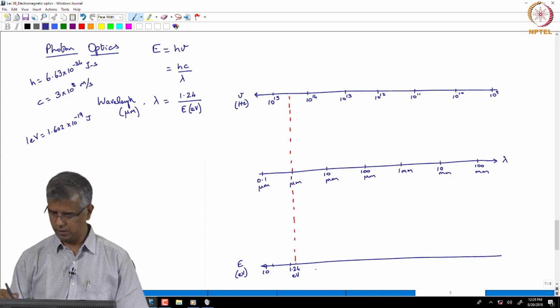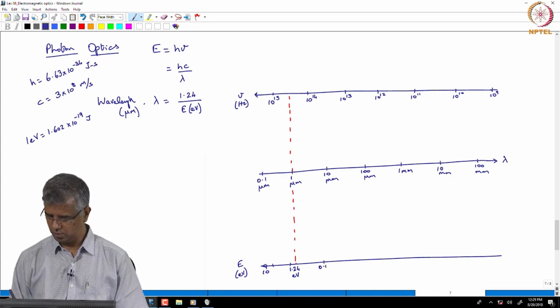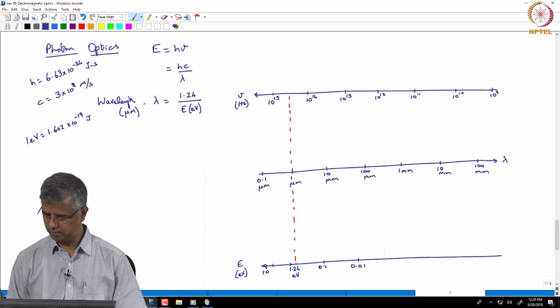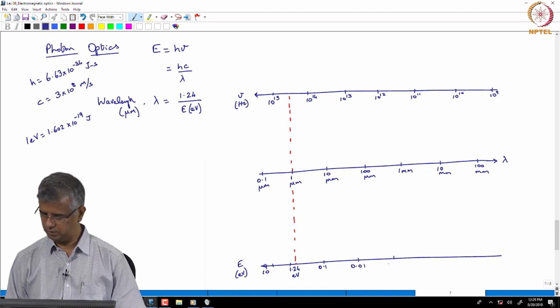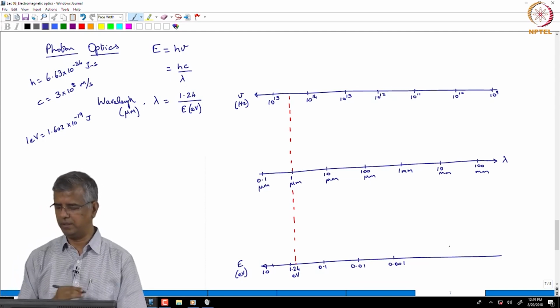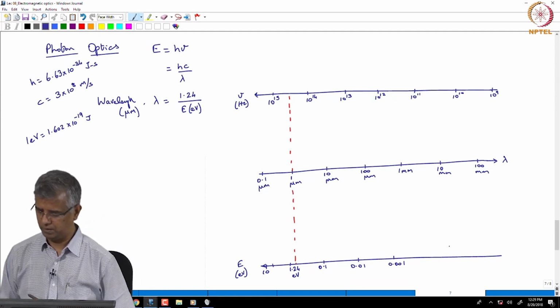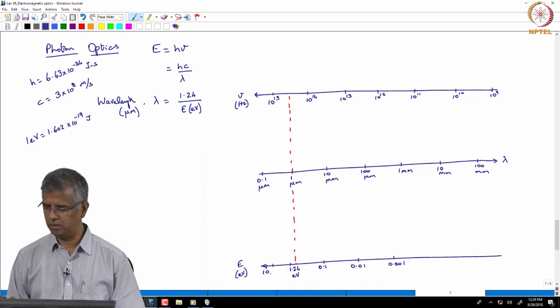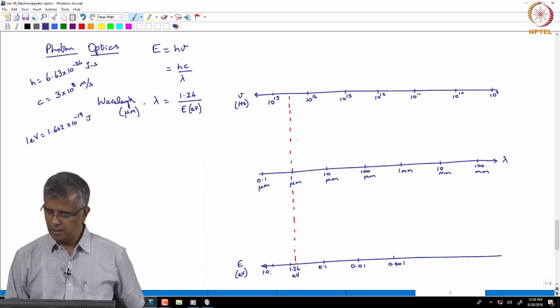So, 1, and then this is 0.1, this is 0.01, this corresponds to 0.001 and so on, right. So, in energy we are going down in energy as we go down in terms of frequency, clearly, right.